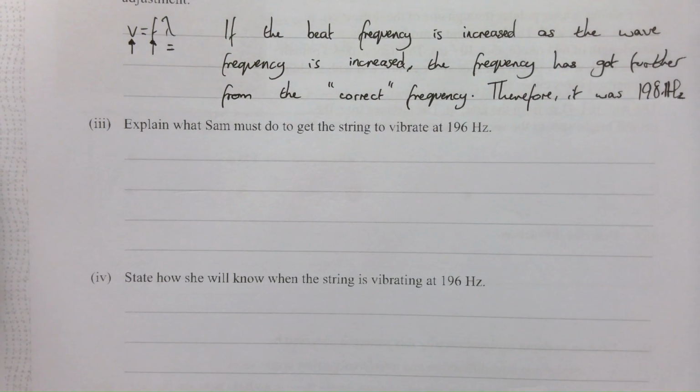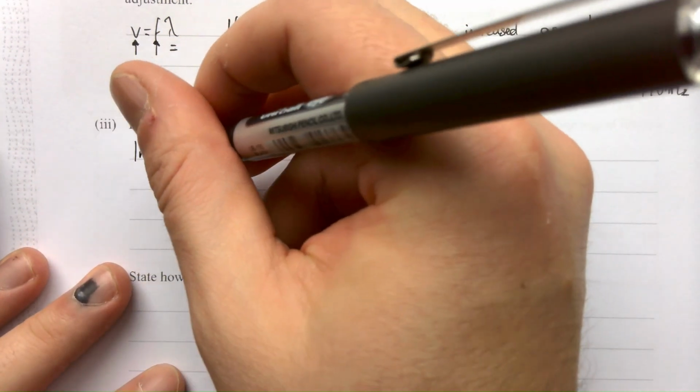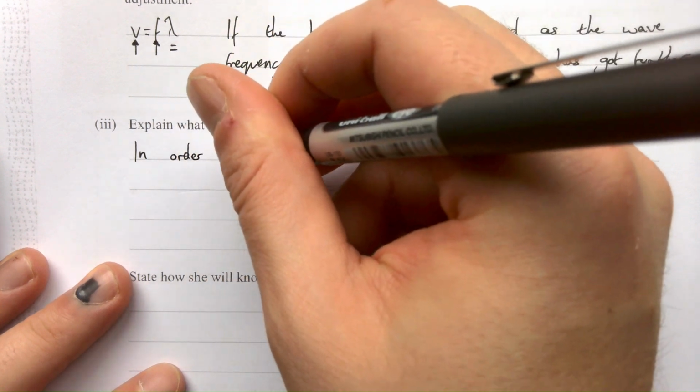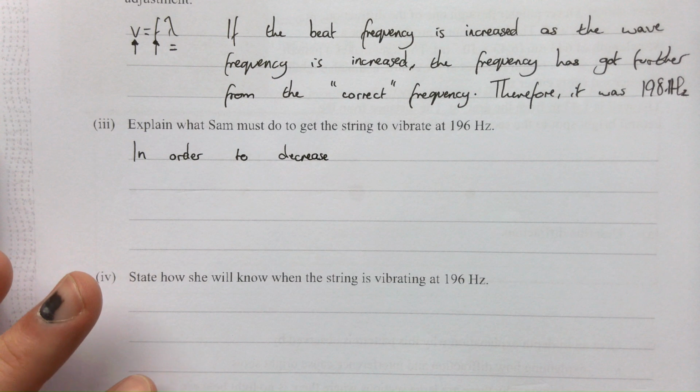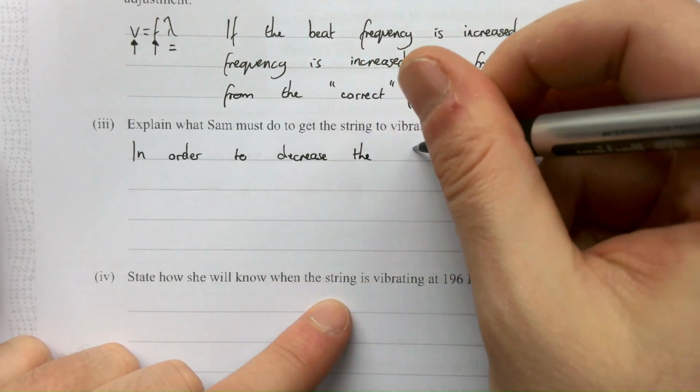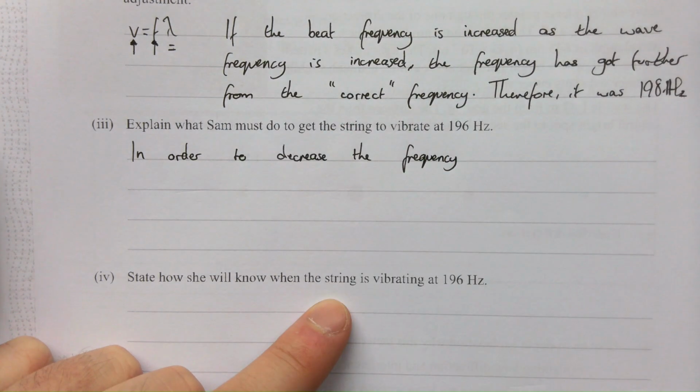Okay. Now we're asked, what must Sam do to get the string to vibrate at 196 hertz? In order to decrease the frequency, it's the opposite of what she did in part 2 here.